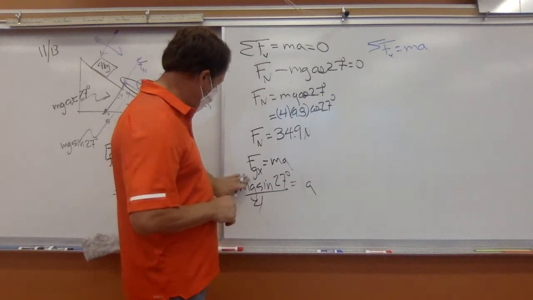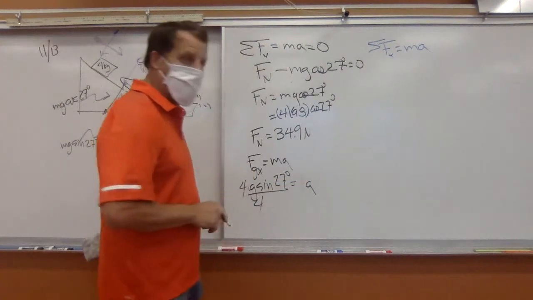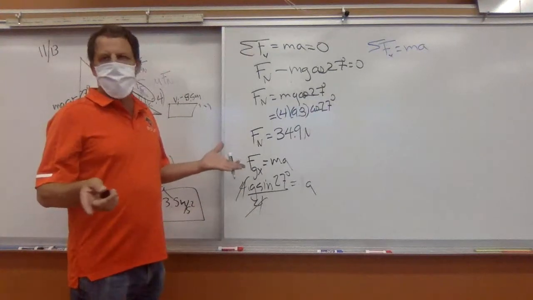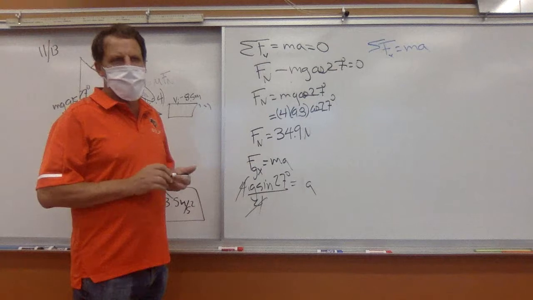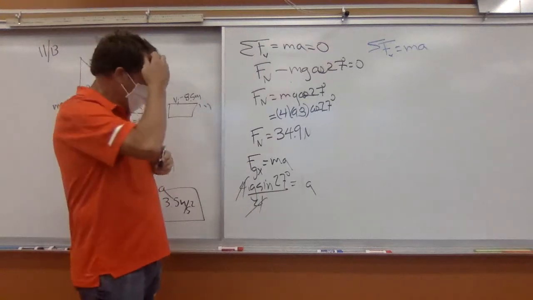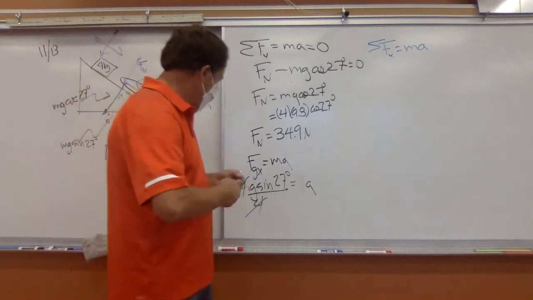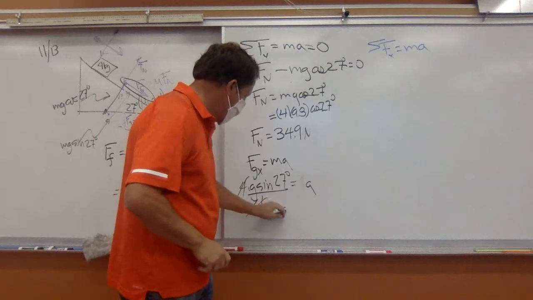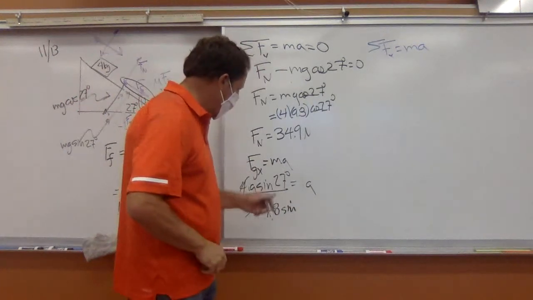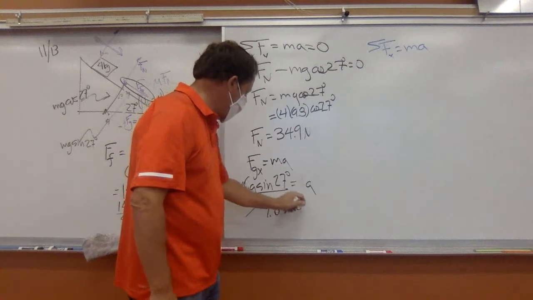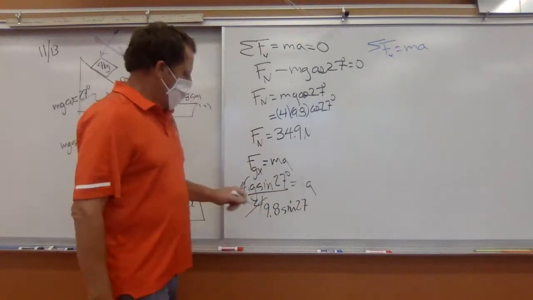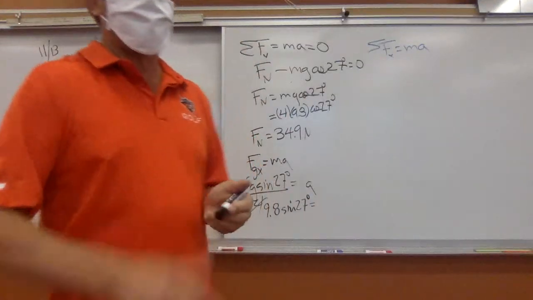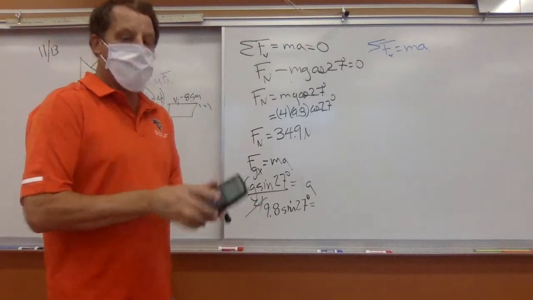So we can divide by 4, and notice that this was 4, so those masses are going to cancel out. If you don't cancel them out, they're going to cancel out anyway, so it's not a big deal. So now we're going to have 9.8 times the sine of 27, which should be about 4.6, 4.7.